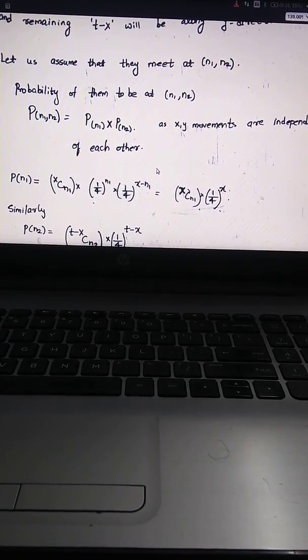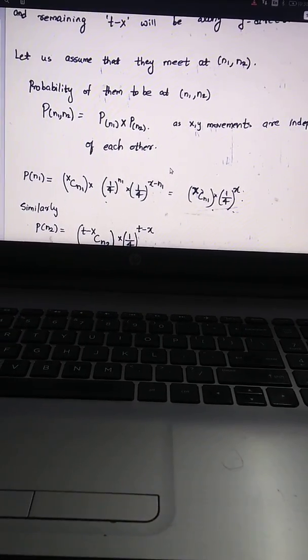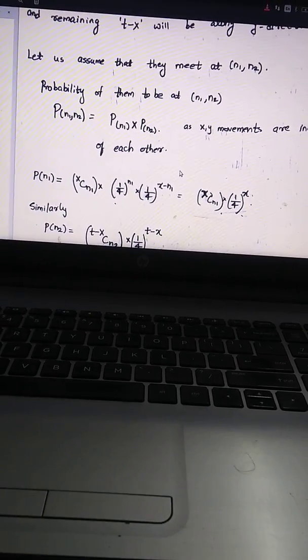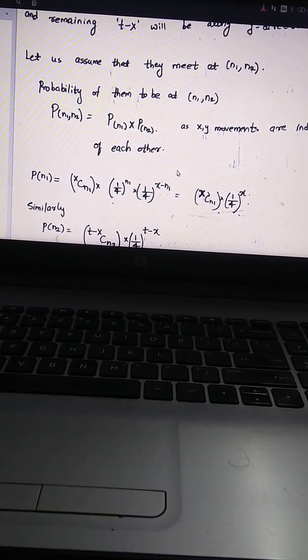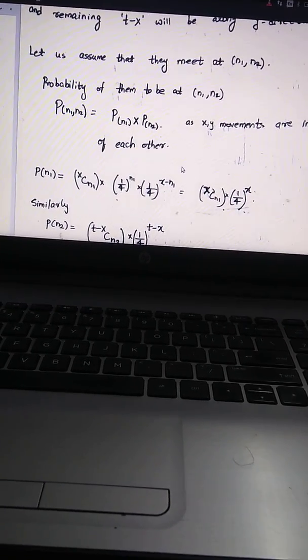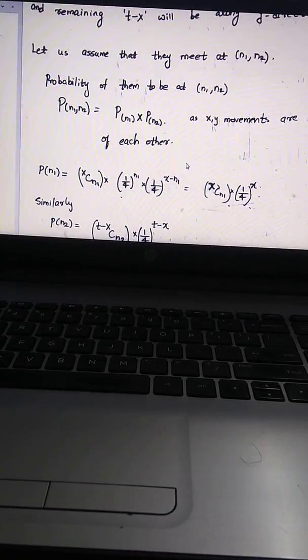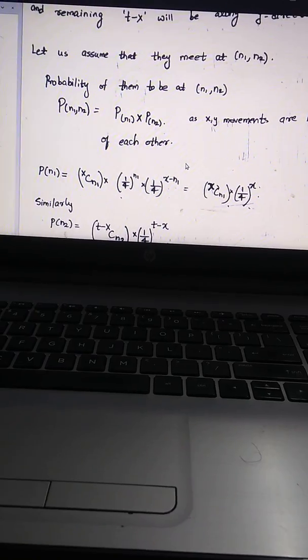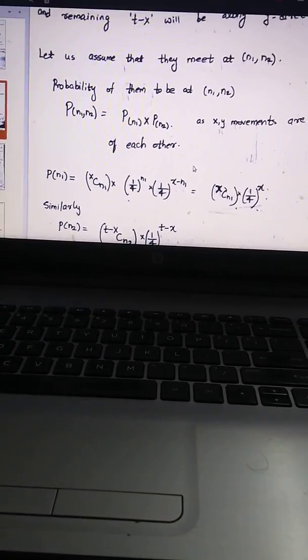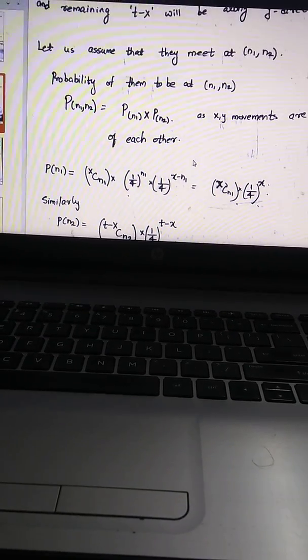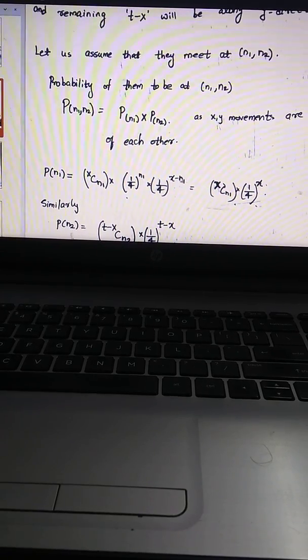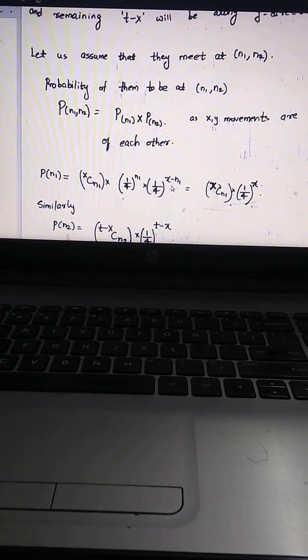So we can directly input the values into the formula, which we already know: the probability of n1 will be x choose n1, where x is the total number of steps in the x direction, times 1/4 raised to the power of the number of steps to the left and right in the x direction, and 1/4 to the number of steps in the y direction.